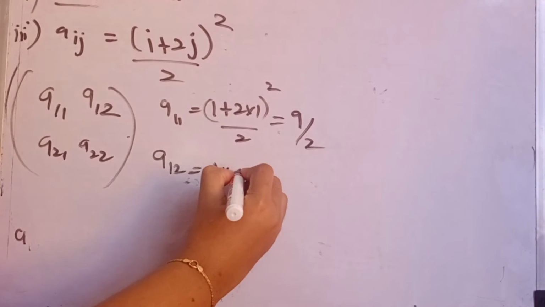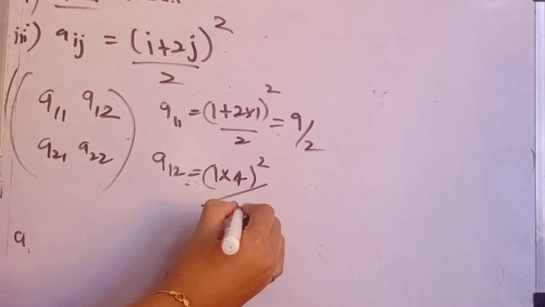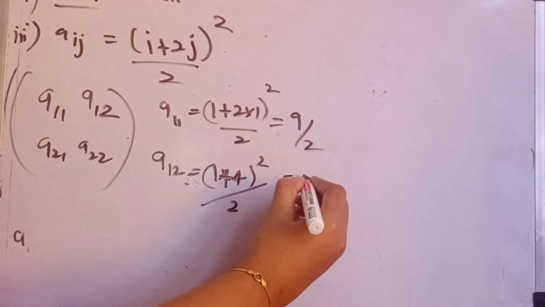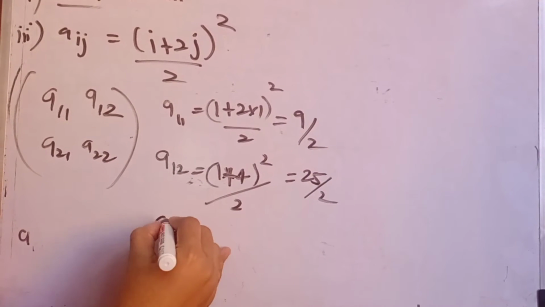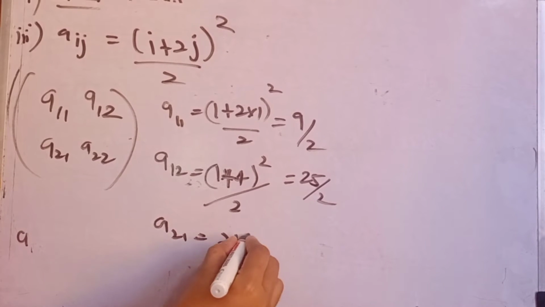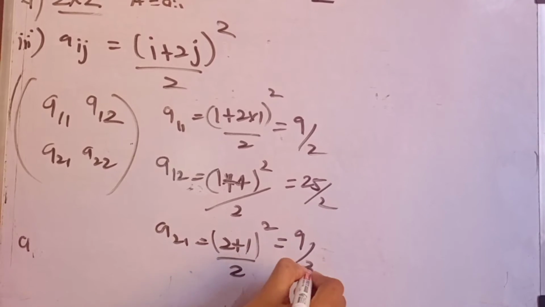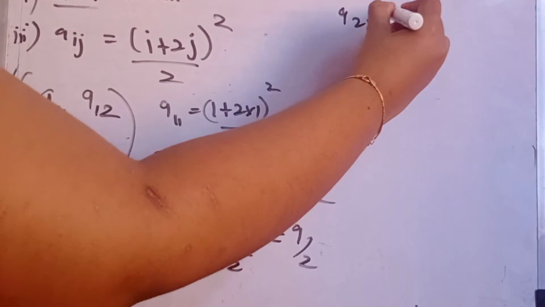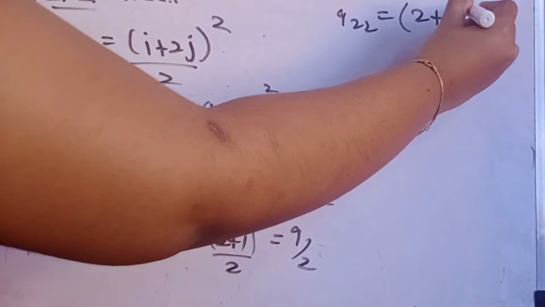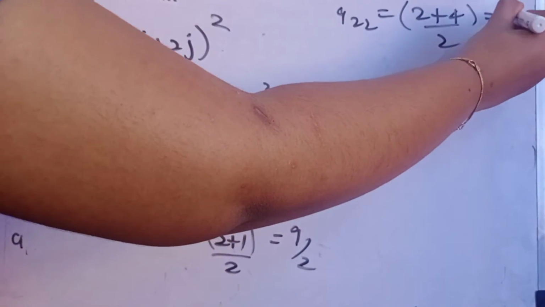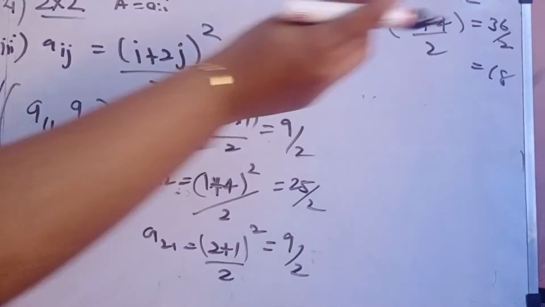A12 means 1 plus 2 into 2, 2 2s are 4, 1 plus 4, 5 square, 25 by 2. A21 means 2 plus 1 by 2. So 2 plus 1 is 3, 3 square, 9 by 2. And A22 means (2 plus 4) the whole square by 2, 36 by 2, so we will get 18.